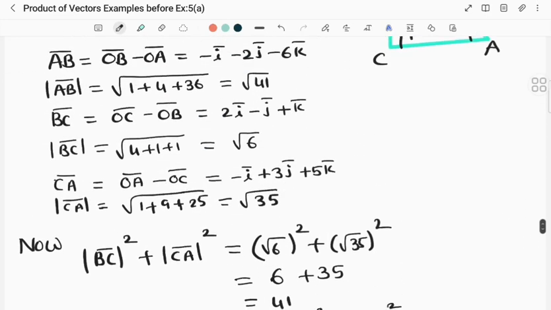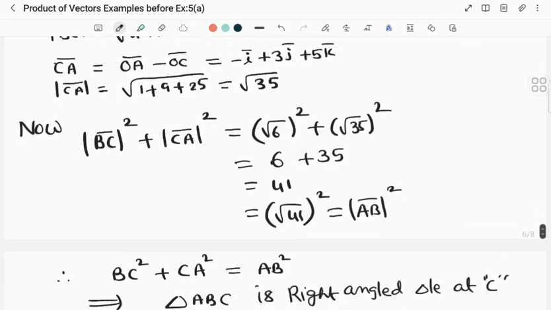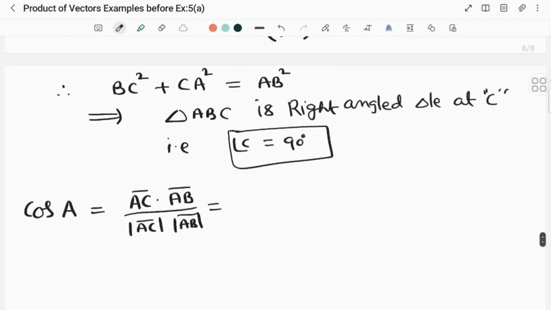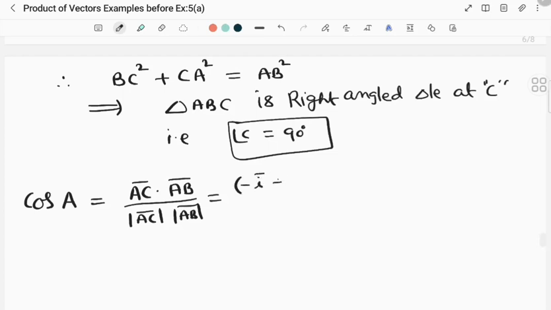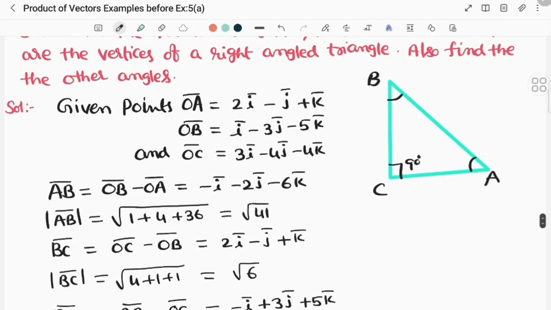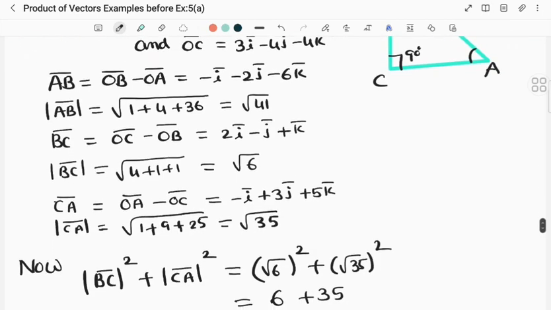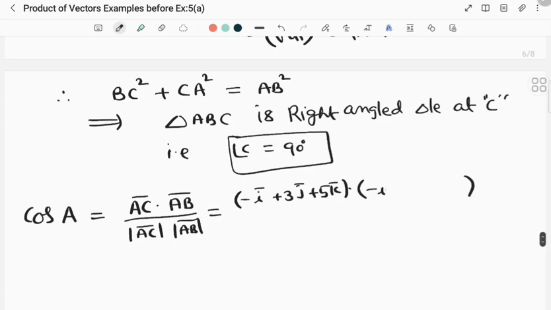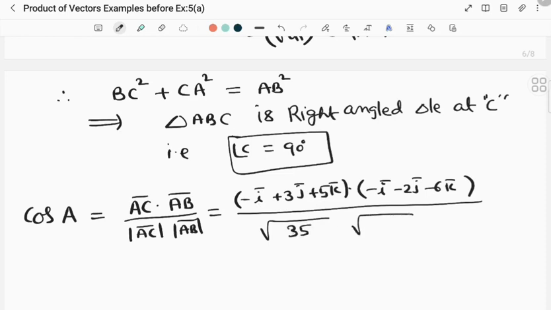AC is minus i plus 3j plus 5k. AB is minus i minus 2j minus 6k. Their magnitudes: AC is root 35, AB is root 41.